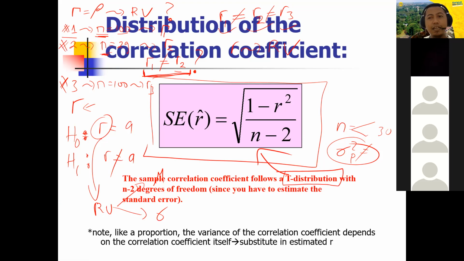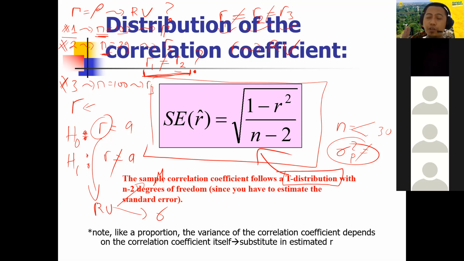Since we use hypothesis testing, what is the distribution of R? What kind of distribution type does this correlation coefficient variable have? The answer is we can use the T distribution. Why the T distribution?